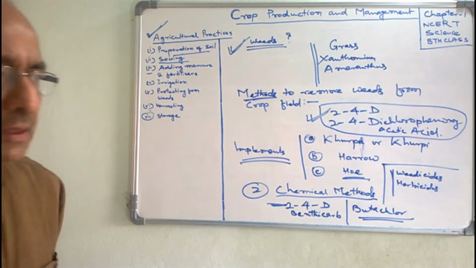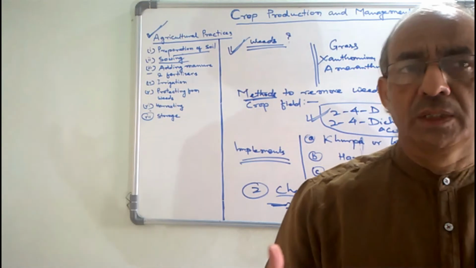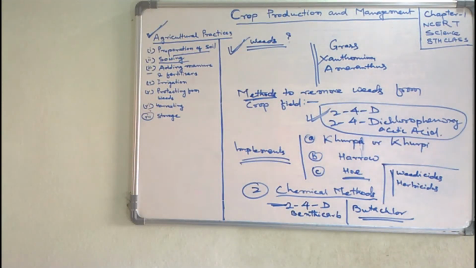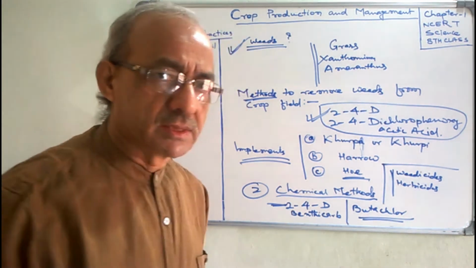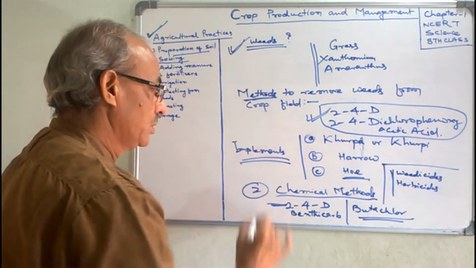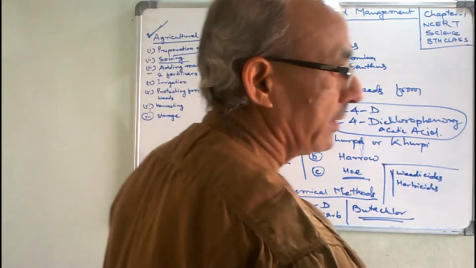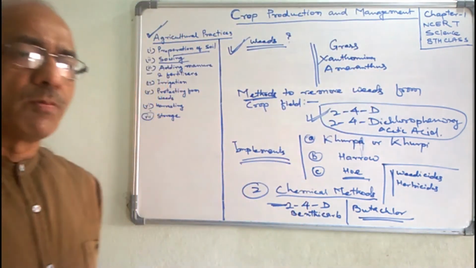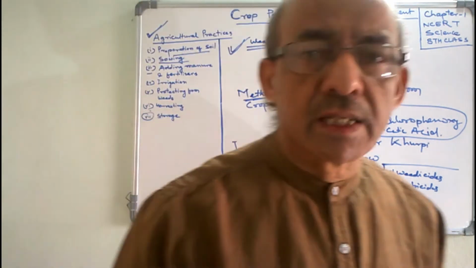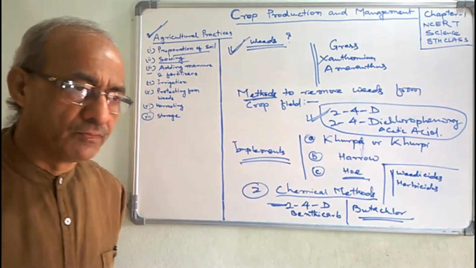Thus here we discussed the methods. Two methods are commonly used in our country to kill or remove the weeds from the crop fields, because it is essential to remove the weeds as they compete with the crop plants, occupy the space, and unnecessarily absorb the nutrients in the soil.